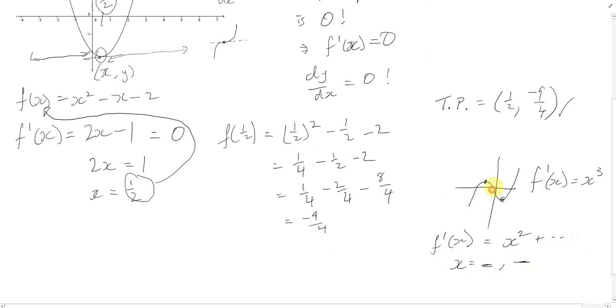One answer will give you this one, one answer will give you that one. So there you go, there's how you can find the maximum or the minimum point using calculus.